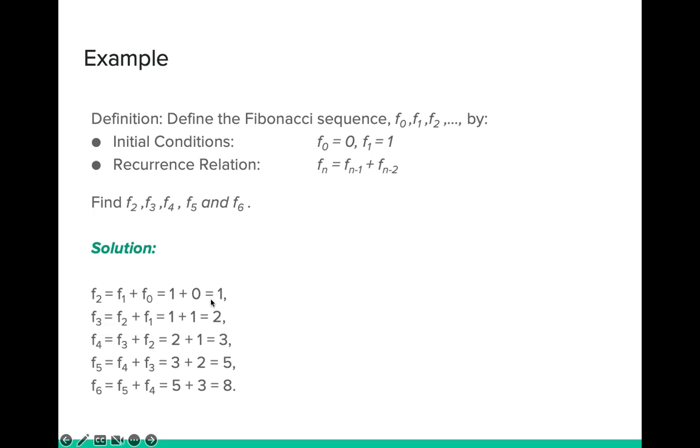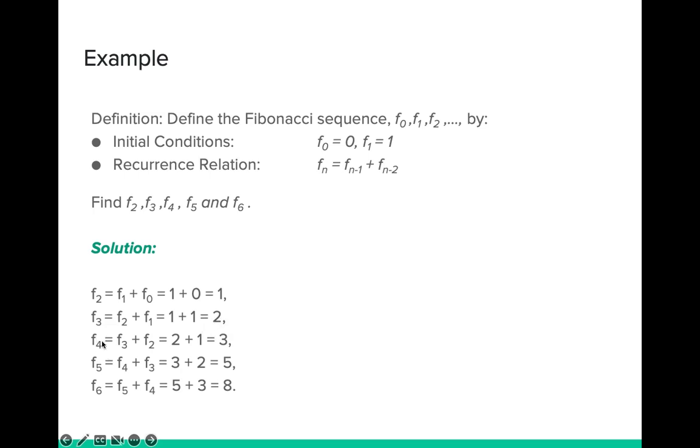Now our sequence will be 0, 1, 1. Now F sub 3 would be expressed with its two previous terms, F sub 2 and F sub 1. We have computed F sub 2 previously, which is equal to 1, and the given initial condition F sub 1 is equal to 1. So F sub 3 is equal to 2.